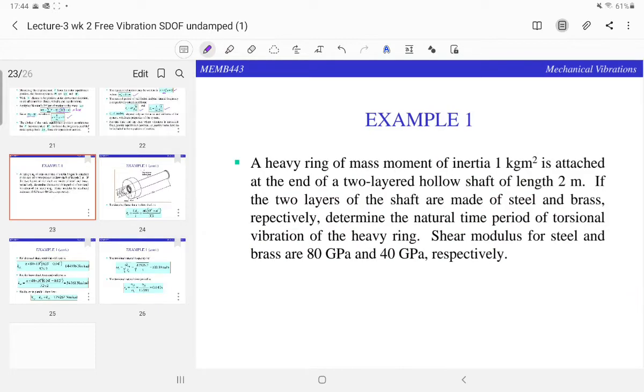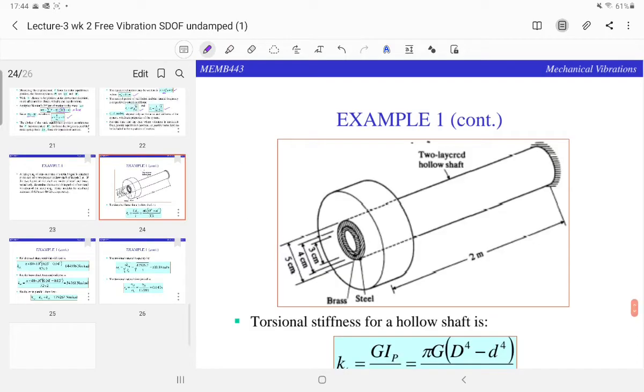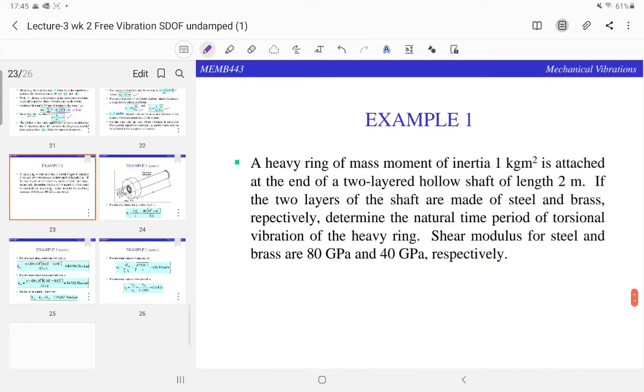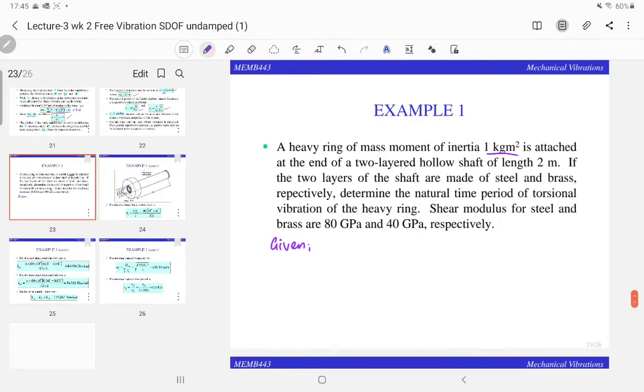You have this heavy ring of mass moment of inertia of 1 kilogram meter square attached at the end of a 2-layer hollow shaft of length 2 m. So this is the overview of the system. We may want to write down the given parameters. It says here mass moment of inertia. Take note that this system is a rotational system.